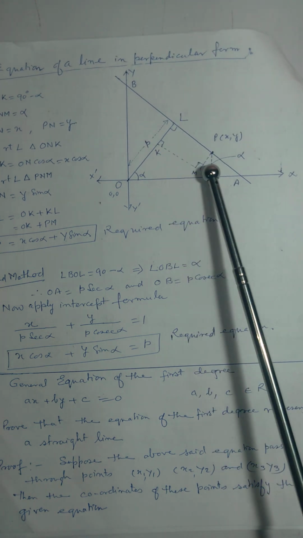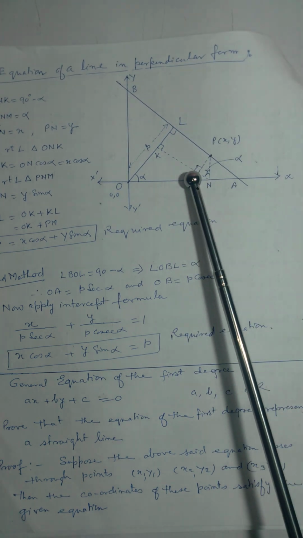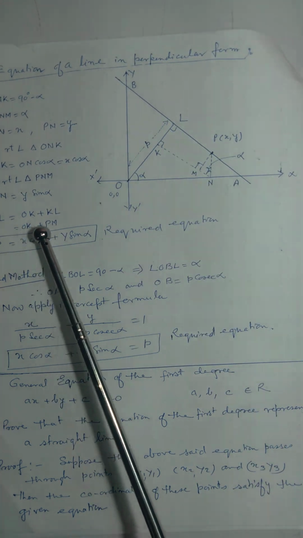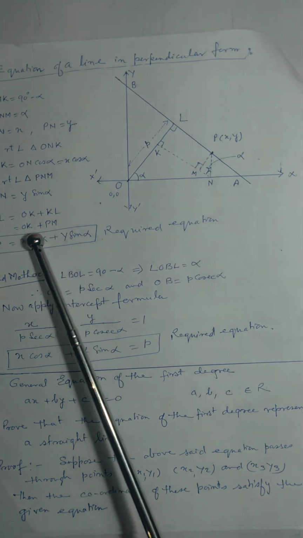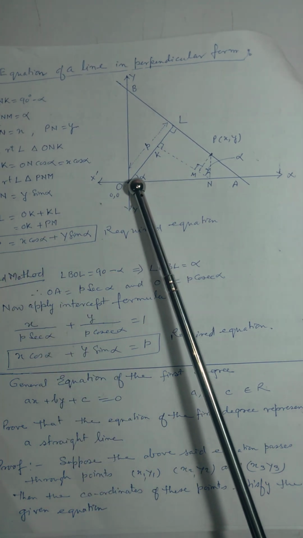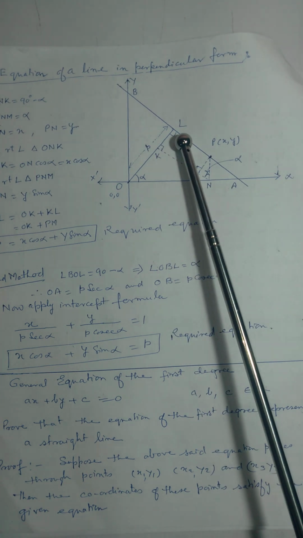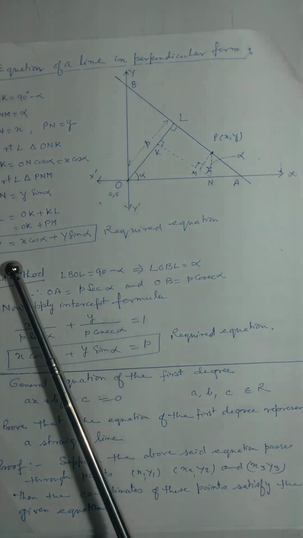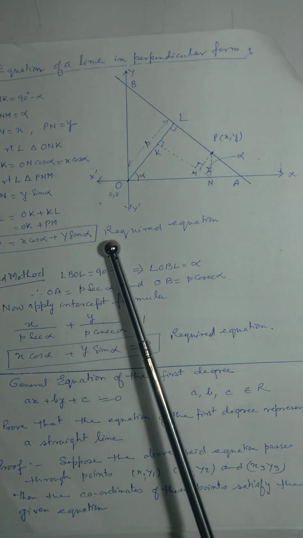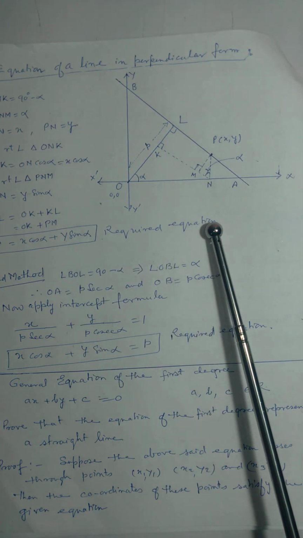In place of KL, I have used PM, since PM is equal to KL. So OL is OK plus PM. The perpendicular drawn from the origin to the line is p, so p equals x cos alpha plus y sin alpha. This will be the required equation.